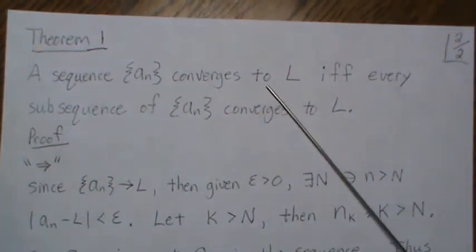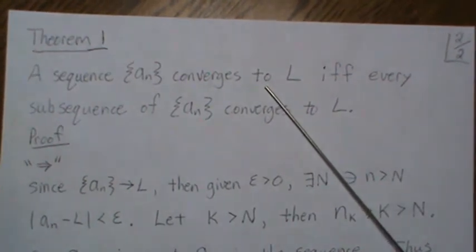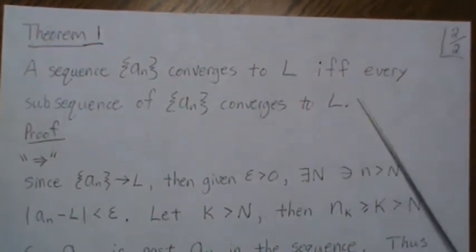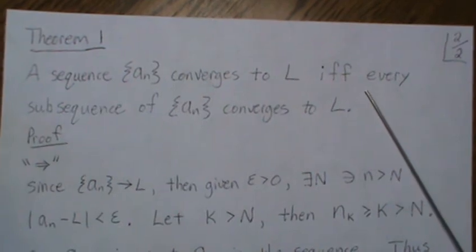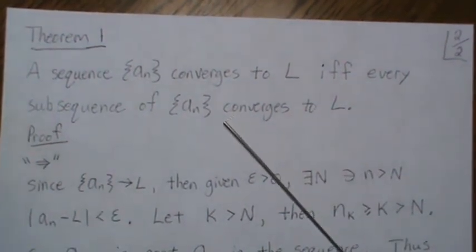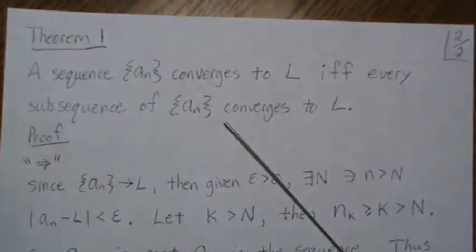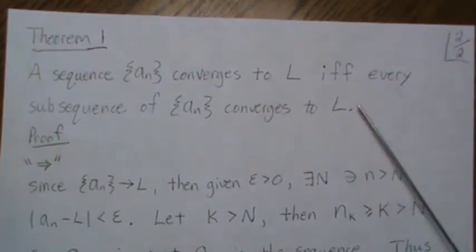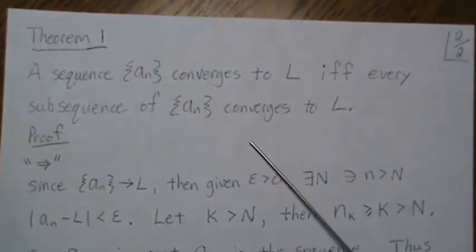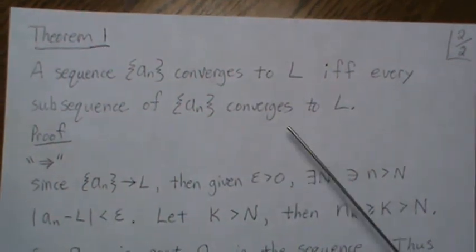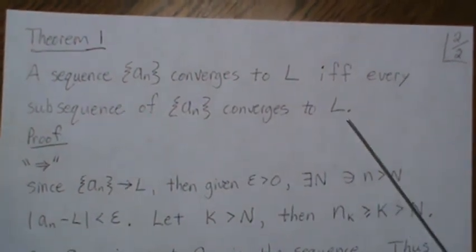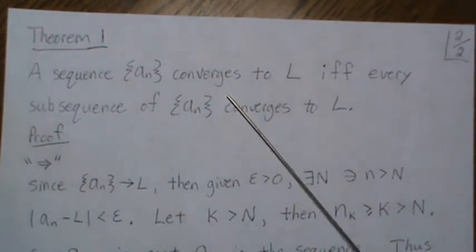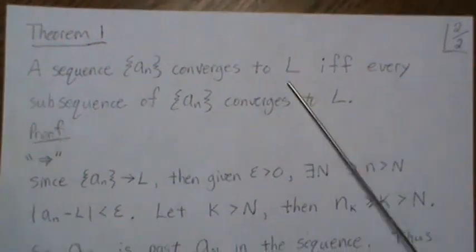The original sequence doesn't converge, so this theorem doesn't apply. But notice that if we pick every third term, the subsequence converges to 1, 2, or 3, depending upon which term we pick first. So we have subsequences that converge, but not all of them converge to the same number, so the original sequence doesn't converge.